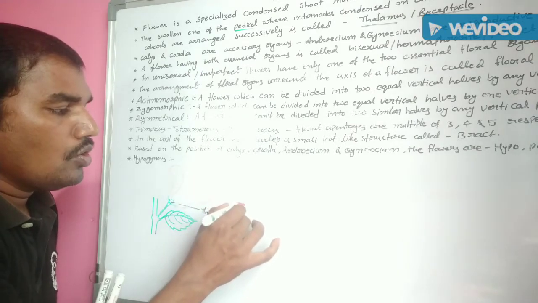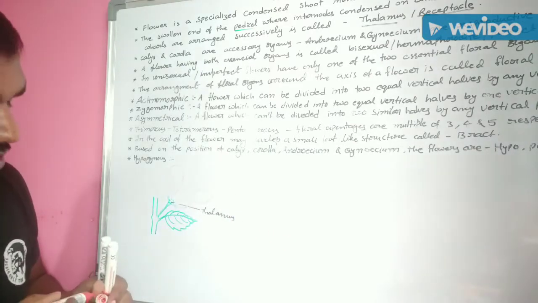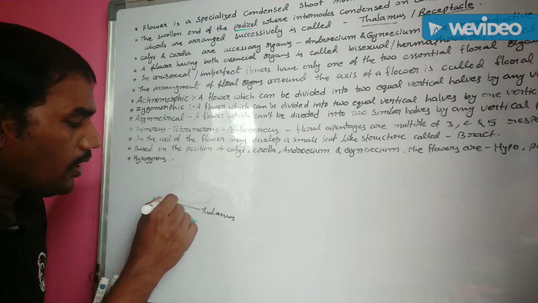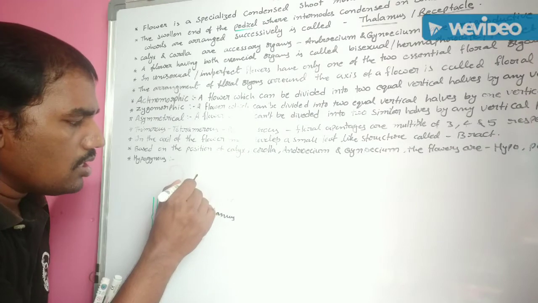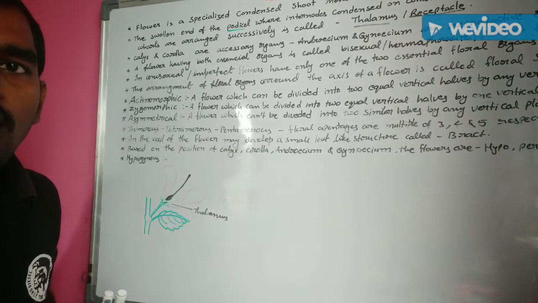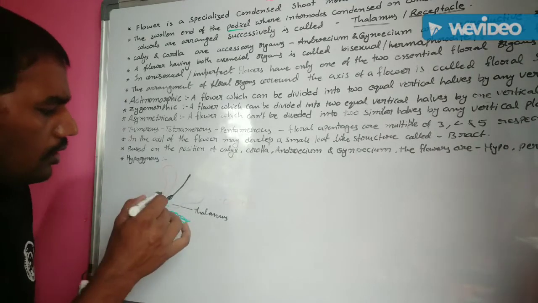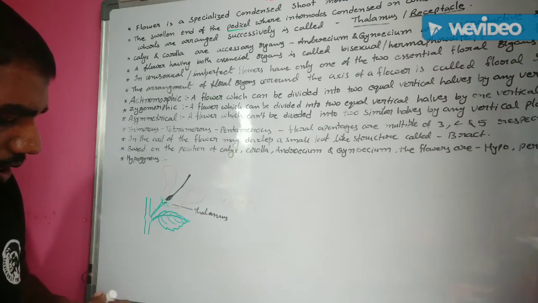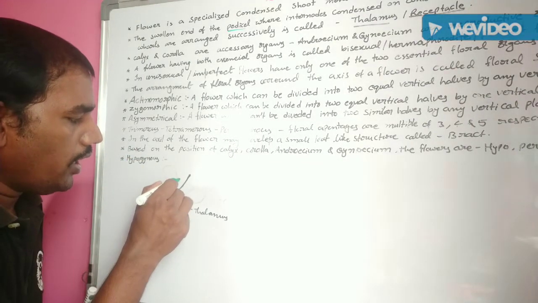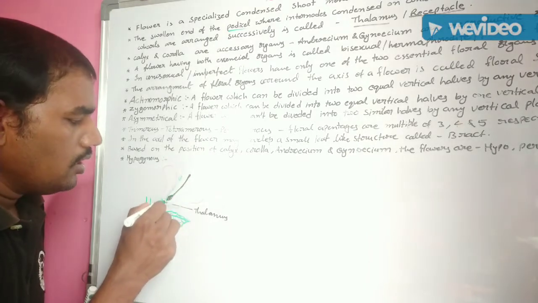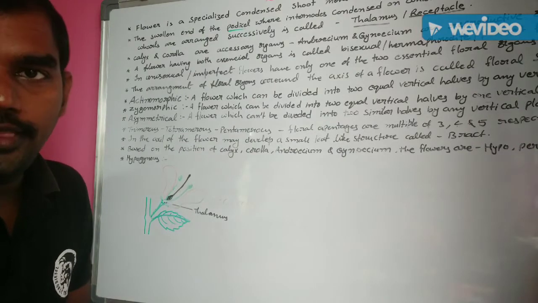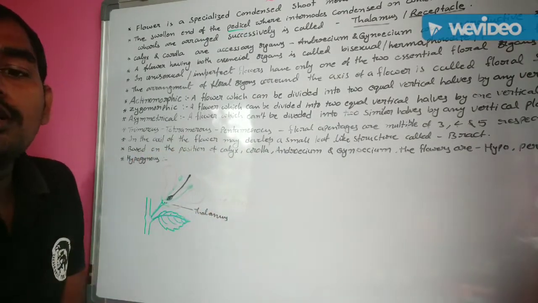These are corolla. Another one, gynoecium: stigma, style, and ovary. Next, the other parts are placed innermost of the corolla. They are called androecium: anther, filament, and anther. These are the different parts of a flower.